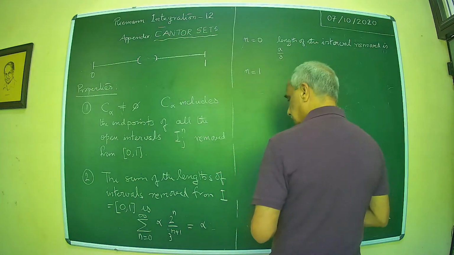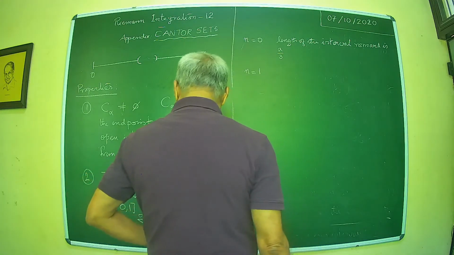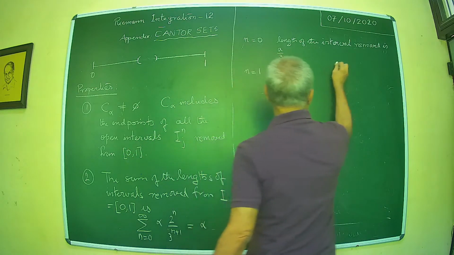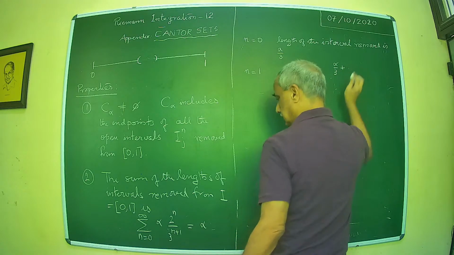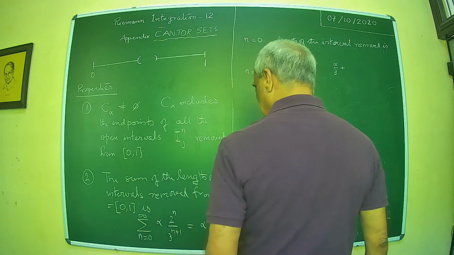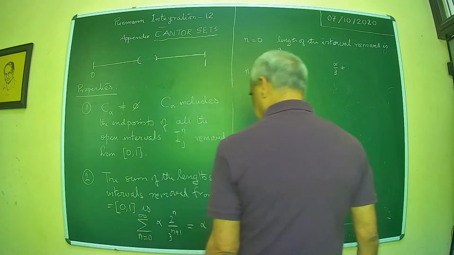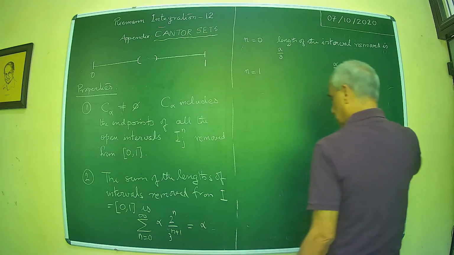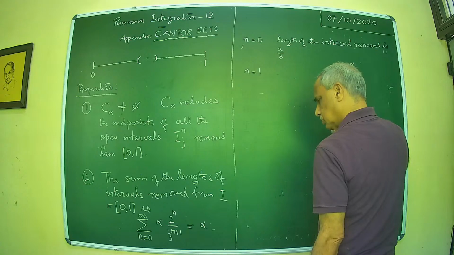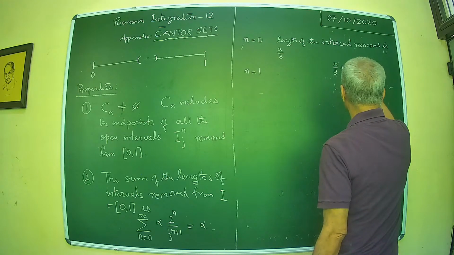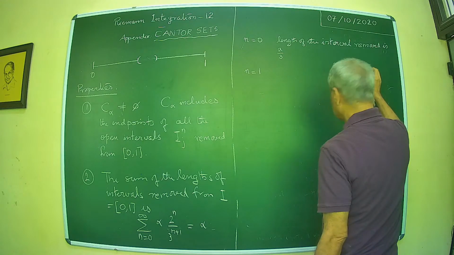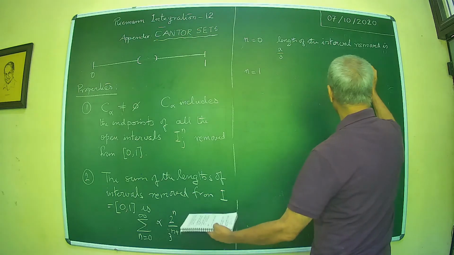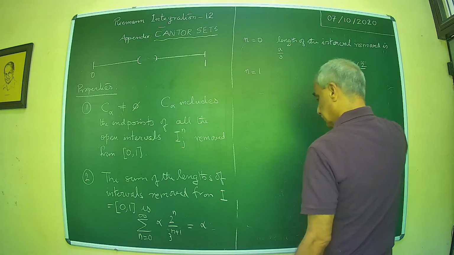So when n equal to 1, there will be one more term that comes, alpha by 3 plus alpha into 2 divided by 3 square.